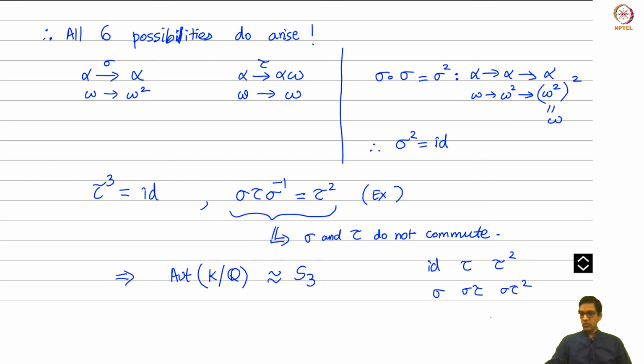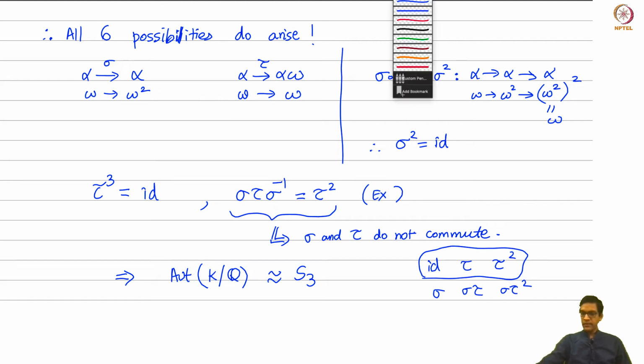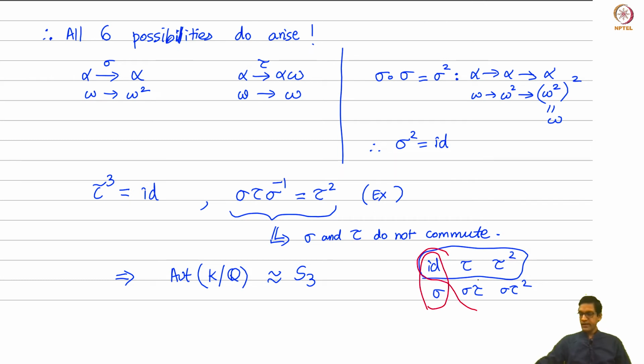I just wrote out all 6 elements, and it's easy to see that this, for example, is a subgroup of order 3. Okay, it's the only subgroup of order 3, the alternating group. And there are a few subgroups of order 2, right? Identity with sigma, identity with sigma tau, identity with sigma tau square. These are 3 subgroups of order 2.